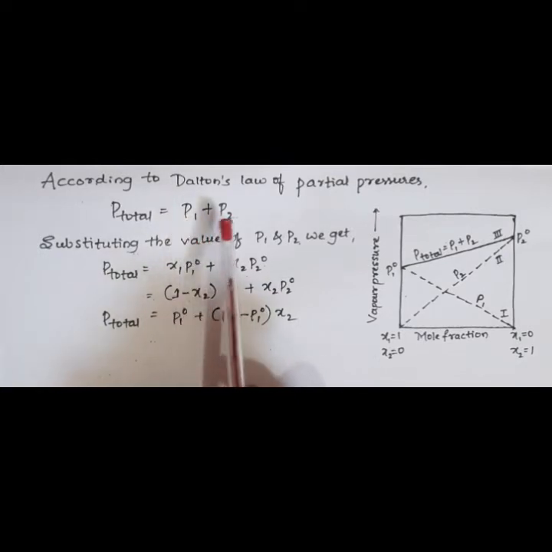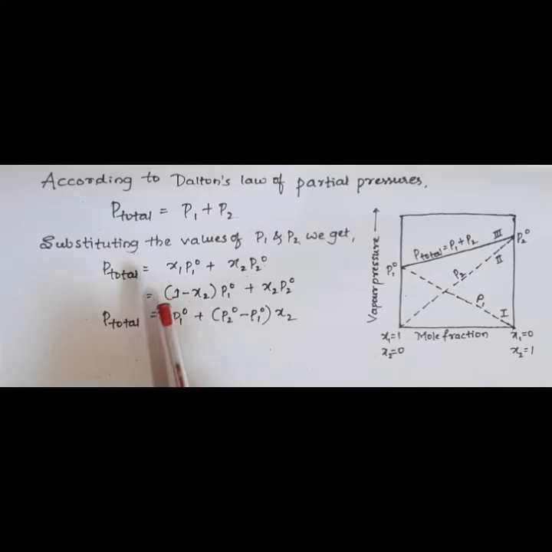Now substituting the values of P1 and P2, we know that according to Raoult's law, P1 is equal to P1 naught into X1 and P2 is equal to P2 naught into X2, that we already determined from Raoult's law. So substituting the values of P1, that is P1 naught into X1, and P2 naught into X2, simplifying this, we will get 1 minus X2 into P1 naught.